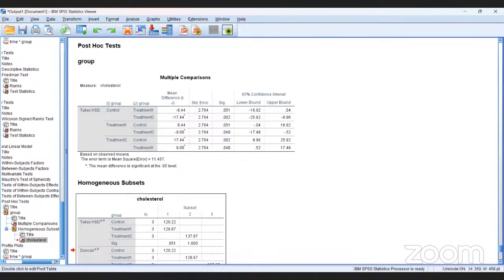So the outline is: first one, analyze. Next one, non-parametric test. Next one will be the K-related samples. Then you have to select day 1, day 2, day 3 in your model.